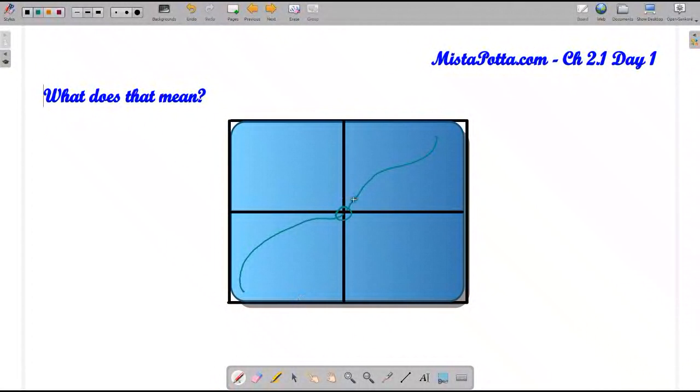The question is, does my graph really go through that point? Am I defined somewhere else for this particular value of x? Or do I just have a hole and I don't have a graph point defined where x equals c?